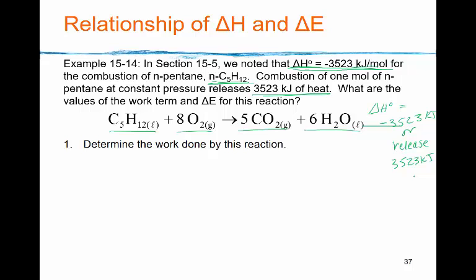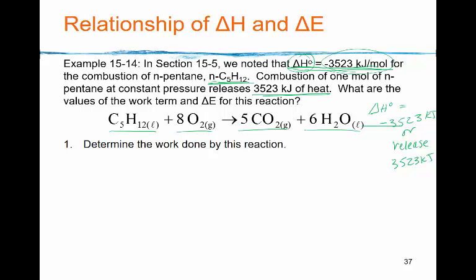Okay, so to determine how much work is done on this system, we've got to look and see that this H0 tells us what? It's the standard condition, right? It's the standard condition.